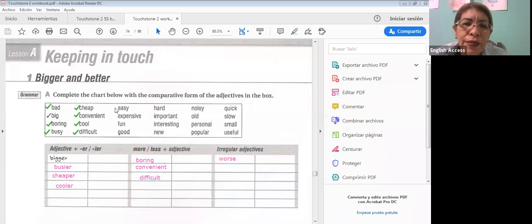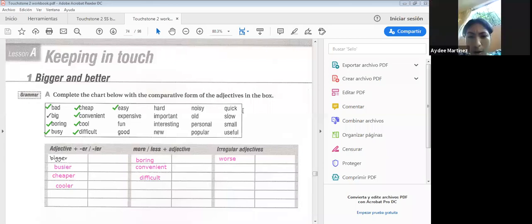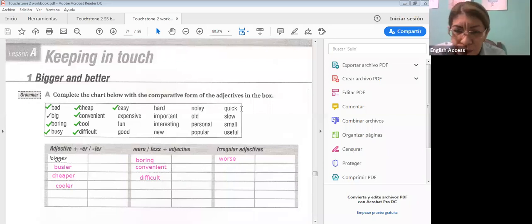Then we have easy. What do you say? Easier. Correct. We have easier.